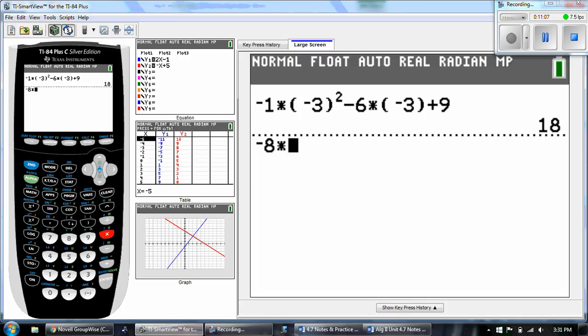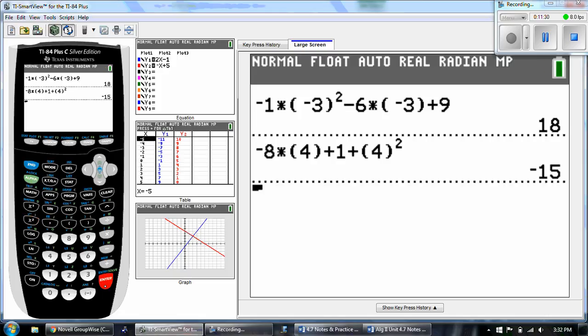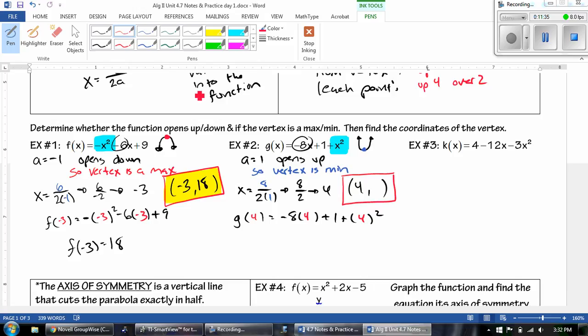So I have negative 8 times 4 plus 1 plus 4 squared. It's always good to double check, look back in, and then let's figure out what it is. And we get negative 15. So g of 4 equals negative 15.